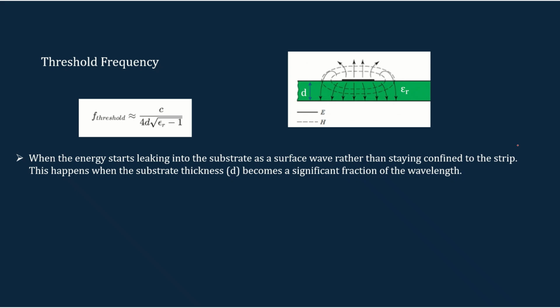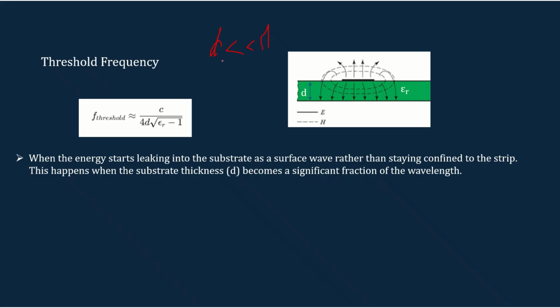And next is the threshold frequency. Because in the previous slide I showed that D should be very much less than the wavelength of propagation. So when the frequency increases, D will become comparable to the wavelength.